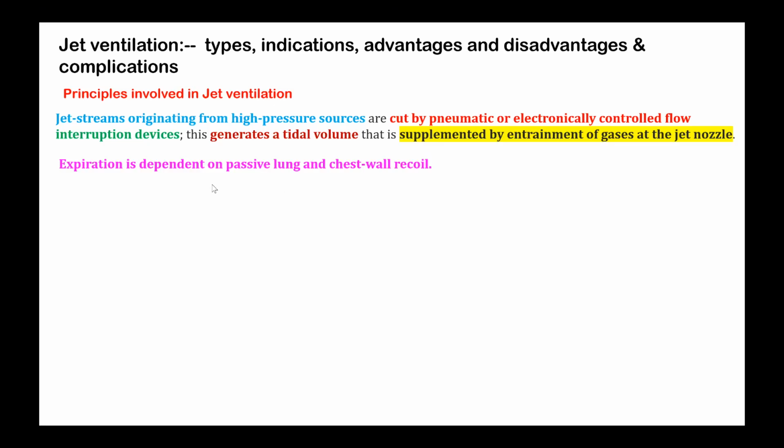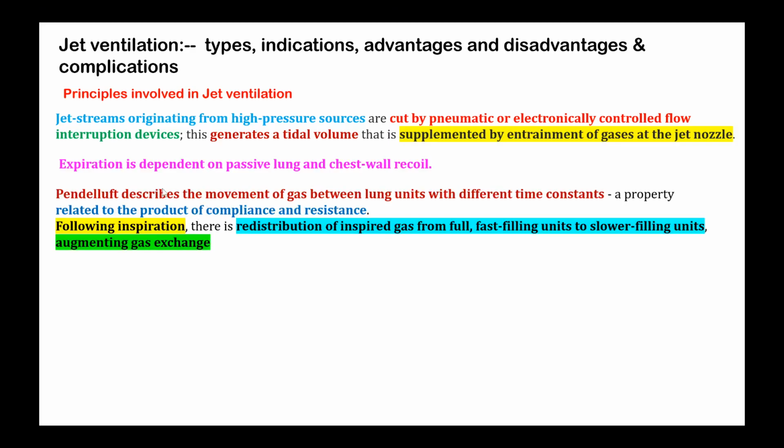After you do the inspiration, jet ventilation mainly produces an inspiratory phase, and expiration is dependent on the passive lung and chest wall recoil. Other mechanisms involved in the distribution of gases are pendelluft, which describes the movement of gas between lung units with different time constants. That is a property related to the product of compliance and resistance.